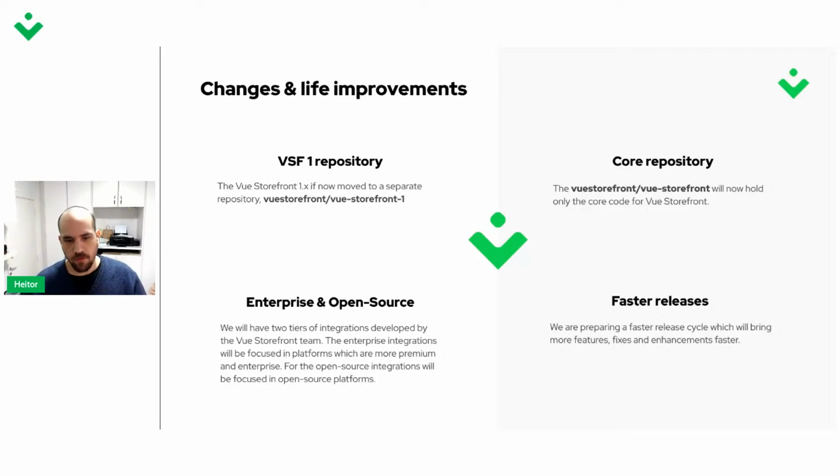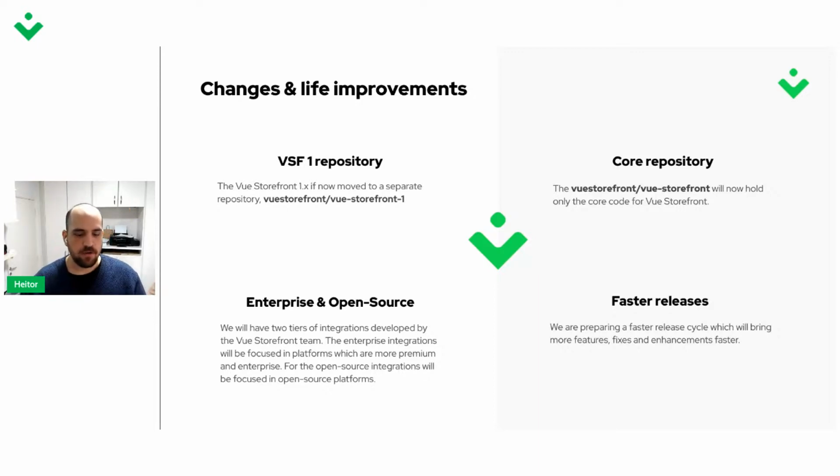And if you finalize those quality of life improvements, once you have the repository separated, you're going to see that we'll be able to create a faster release cycle for Vue Storefront. So we're going to have new features, new fixes, new enhancements being developed and released for the public faster and faster.